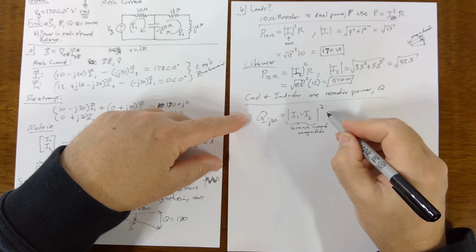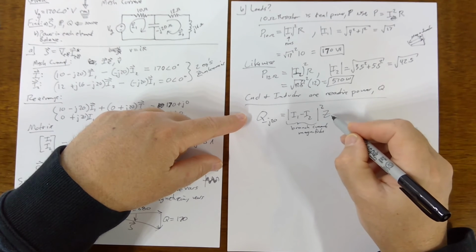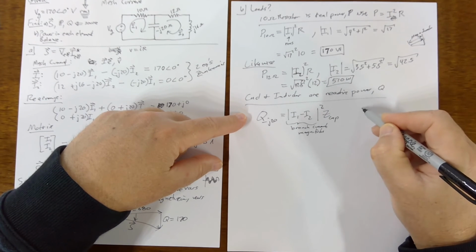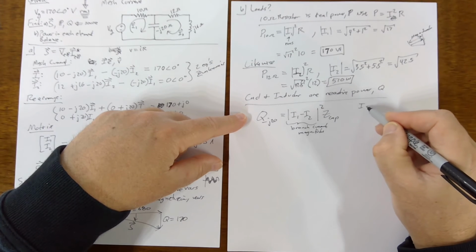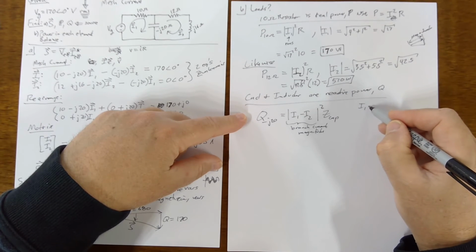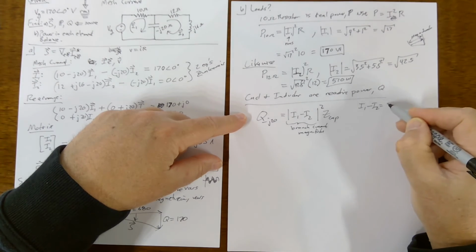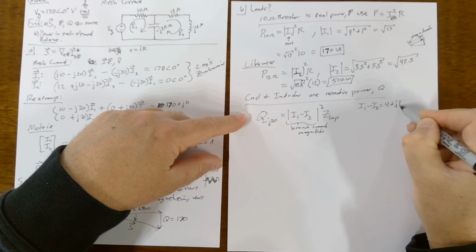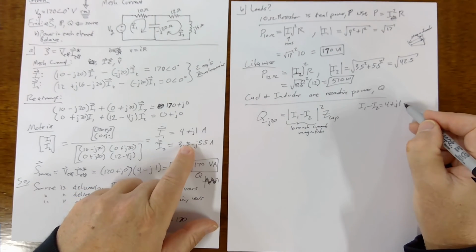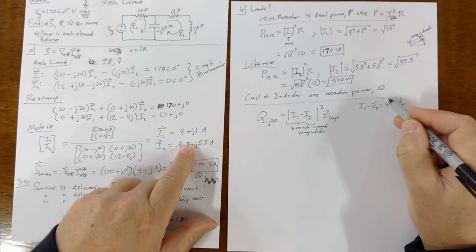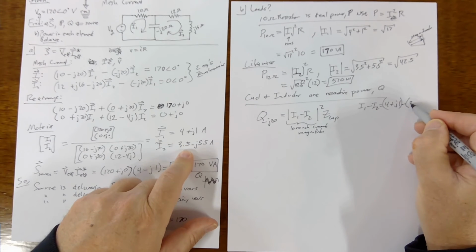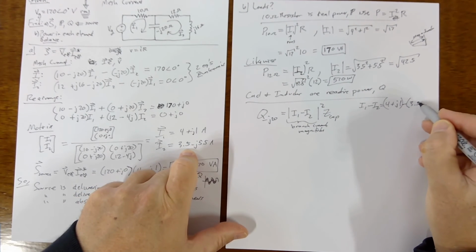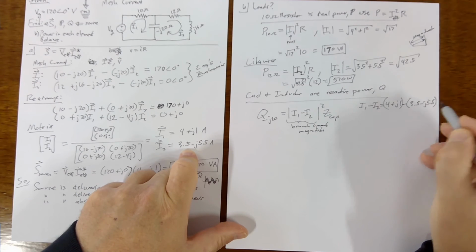So times the impedance of the cap. So we need these things. I1 minus I2 is 4 plus J1, minus 3.5 minus J5.5.